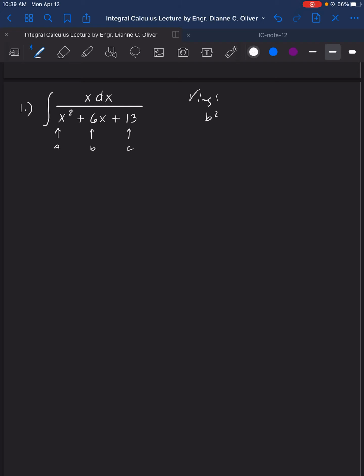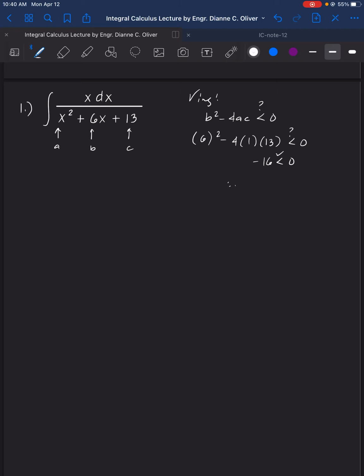So b squared minus 4ac, is this less than 0? So we have b as 6 squared minus 4 times a, which is 1, and c as 13. Is this less than 0? So 6 squared is 36 minus 52, that is equal to negative 16, less than 0, correct.